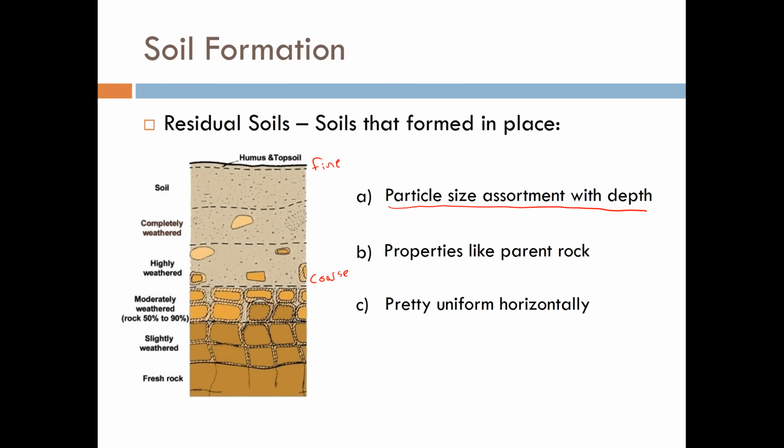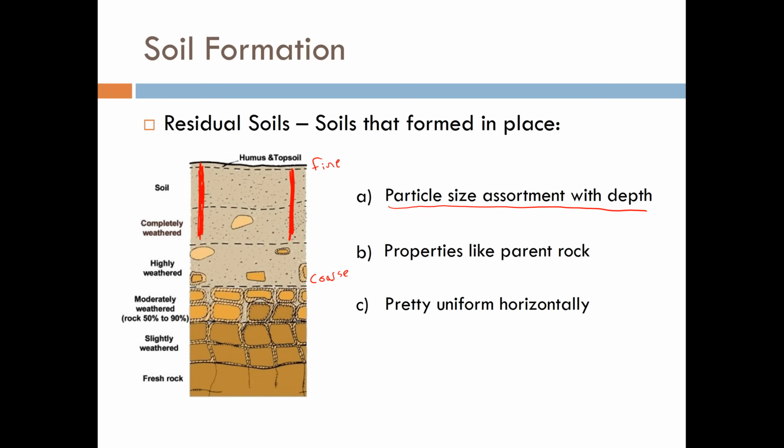And finally, the soil itself tends to be pretty uniform horizontally. In other words, if I dig a boring right here, and then I come over 20, 30, 40, 50 feet and put another boring down, I'm going to see really similar soils. I'm going to see really similar stratigraphy.